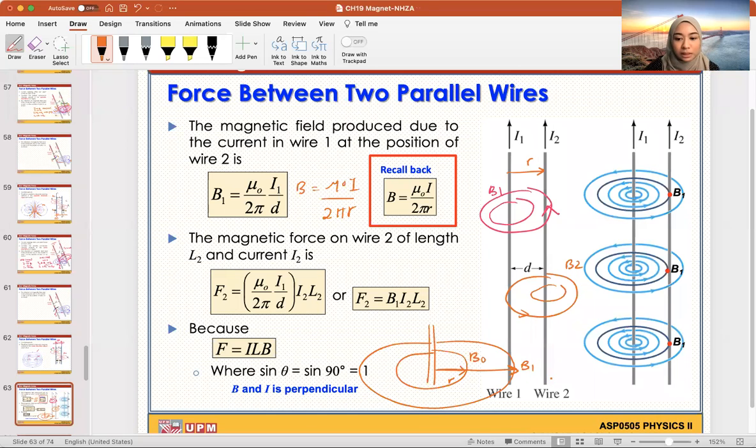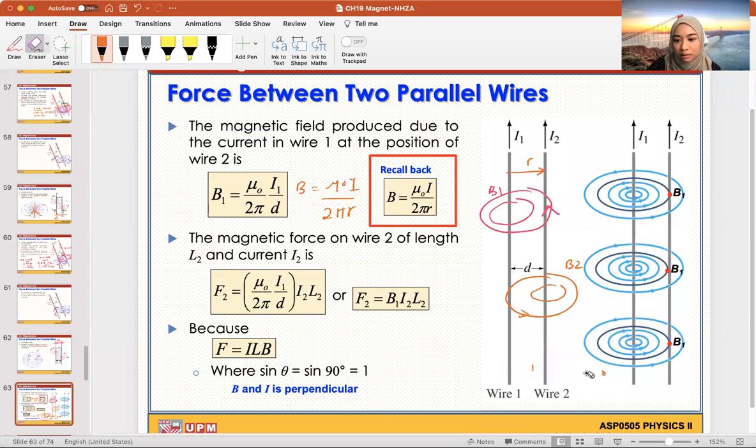So B1 would be smaller than B naught because the closer you are to the straight wire conductor, the stronger your B is. So this is what we discussed early on in the chapter. We talked about finding the B, and the B was dependent on the radius, the position. So the further away you are from the straight wire conductor, the weaker the magnetic field.